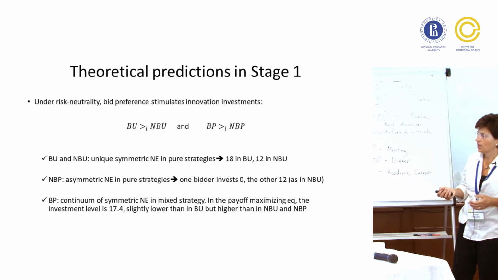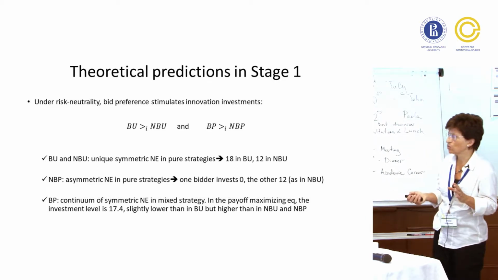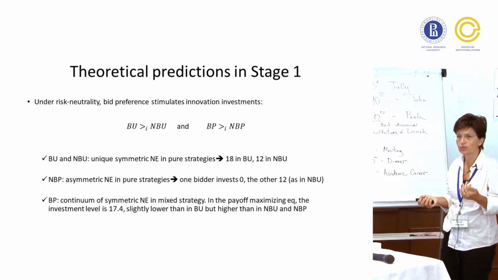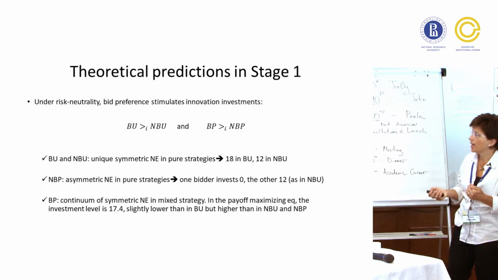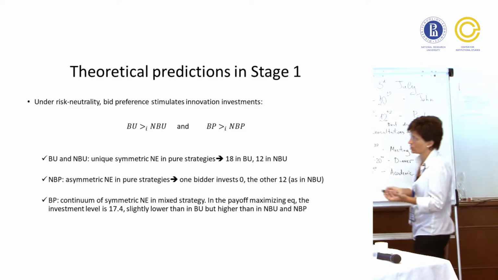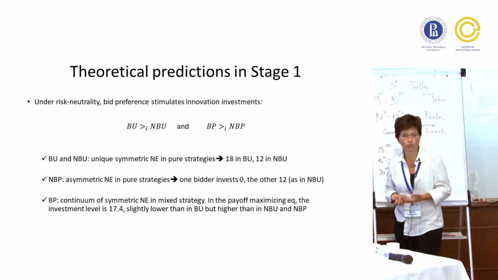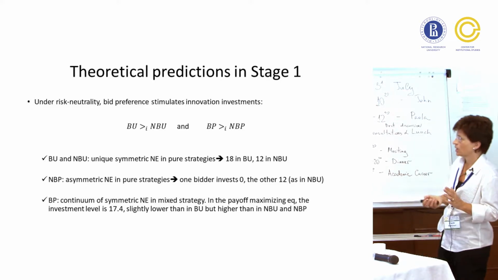In which way? In the setting of unsolicited proposal with bonus, you will have a higher investment than in the setting of unsolicited proposal with no bonus. Similarly, you will have a higher investment in procurement of innovation with bonus than in procurement of innovation with no bonus.